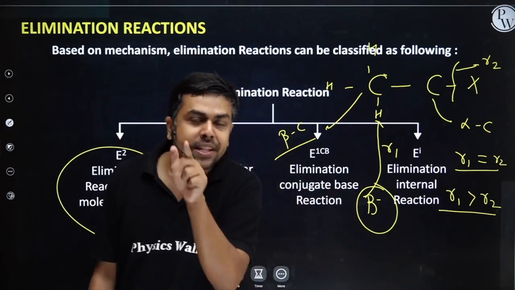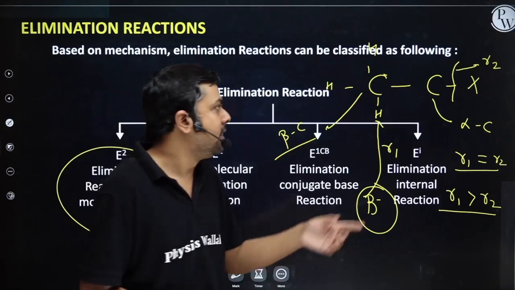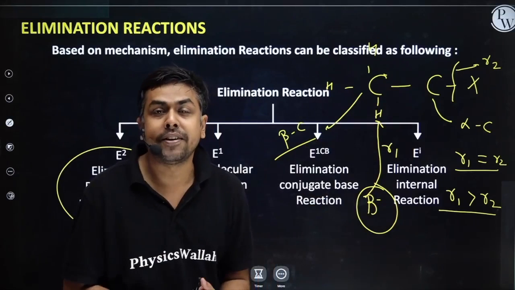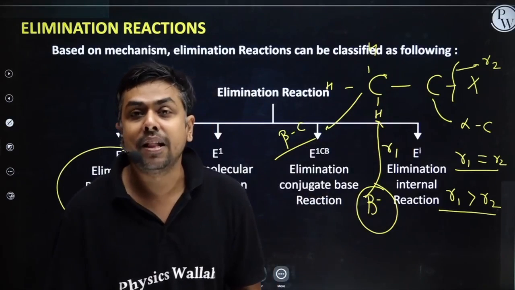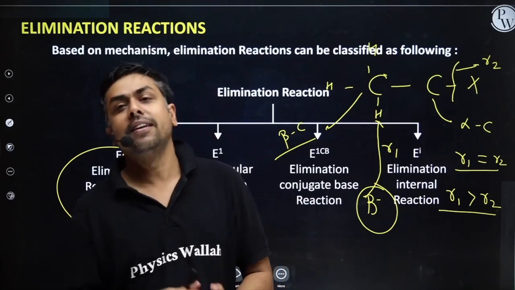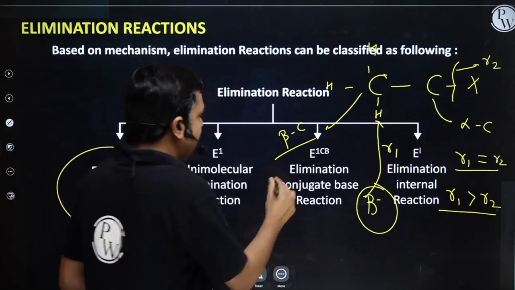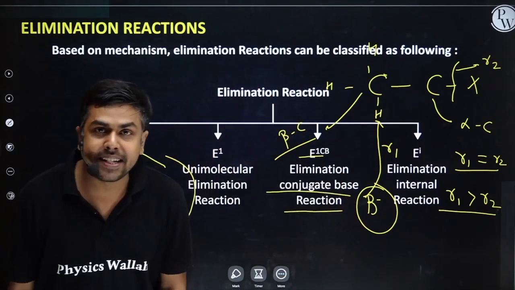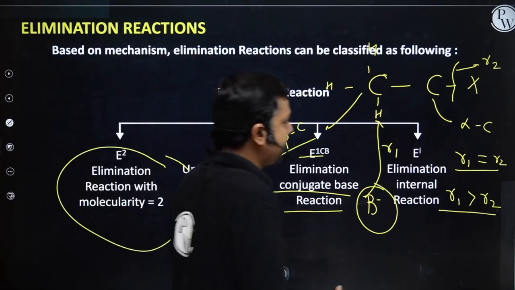Now this carbanion will delocalize and the leaving group will get departed. Such an elimination will be referred to as E1CB elimination, because here we are having the formation of a carbanion, that is the conjugate base. E1CB, elimination conjugate base reaction. Am I clear, student? We may have one more case.